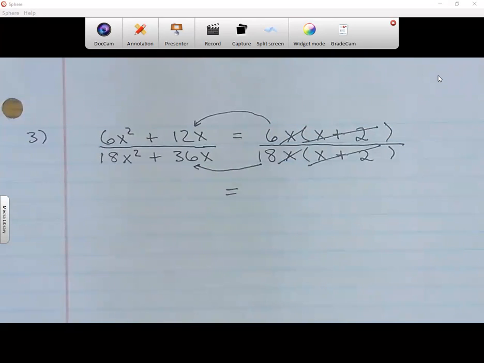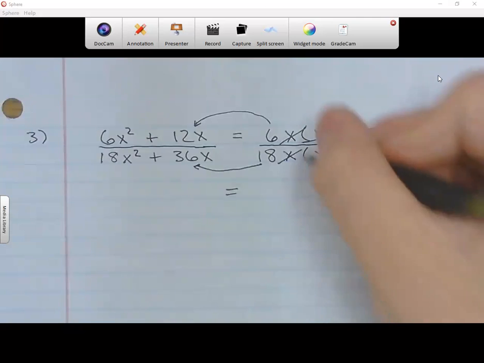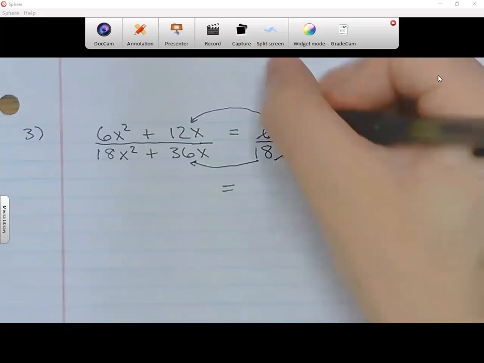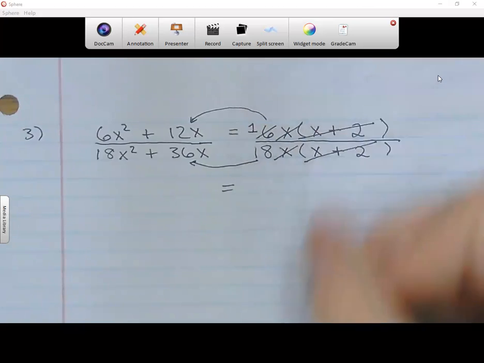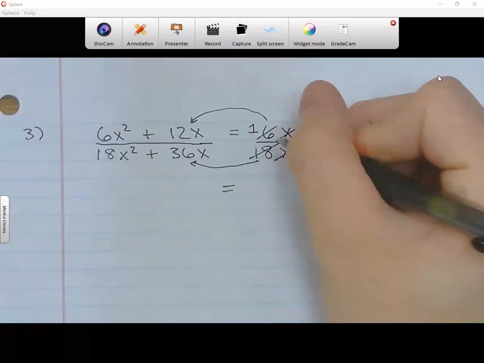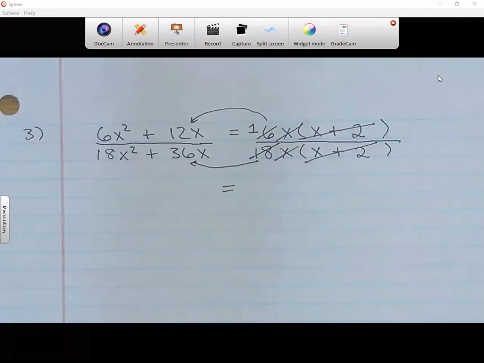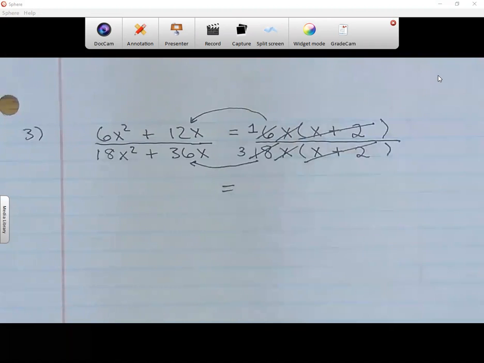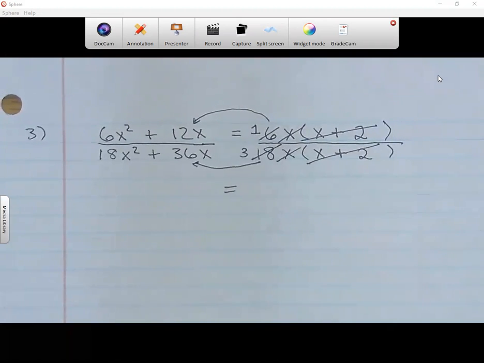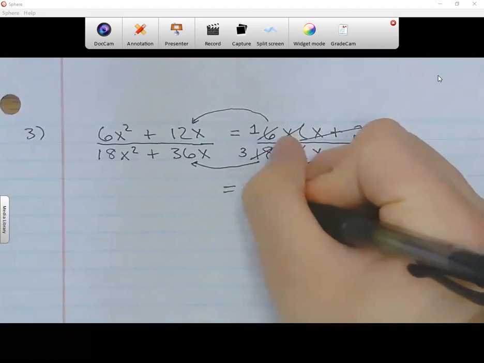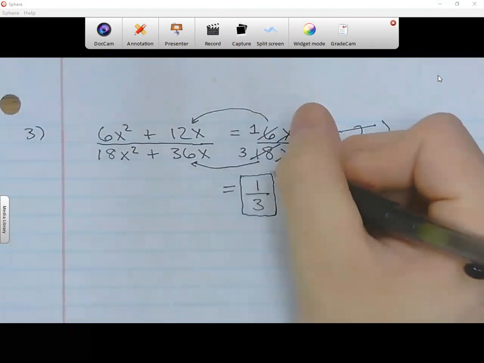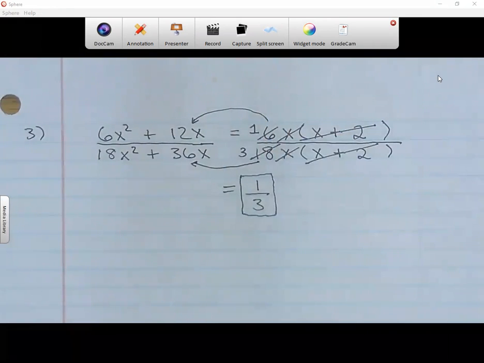If I divide the top by 6, 6 divided by 6 would just be 1, right? Then if I divide the bottom by 6, 18 divided by 6 would be 3. So now I have 1 over 3. That's the only thing I have left. And that's it. That's our simplified form.